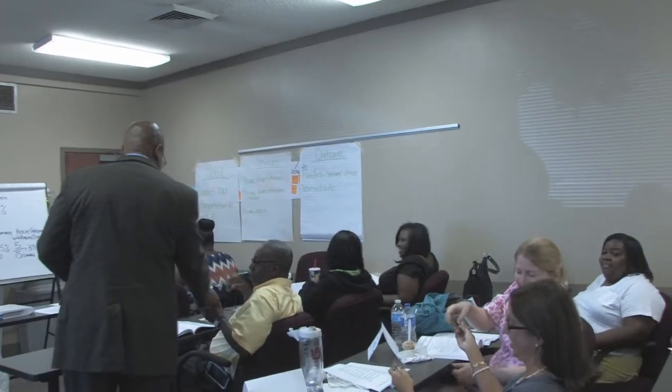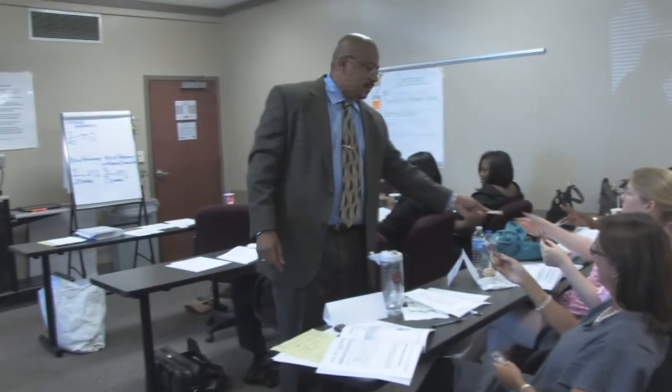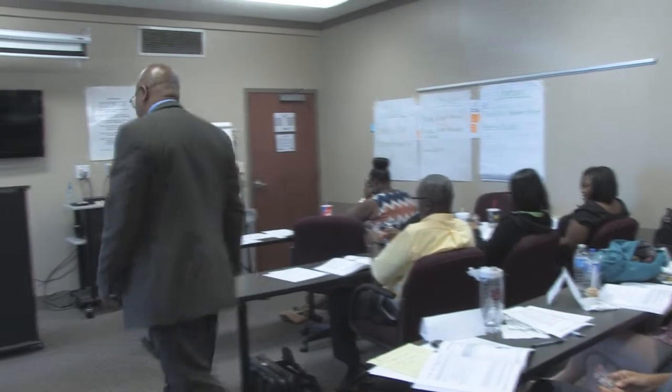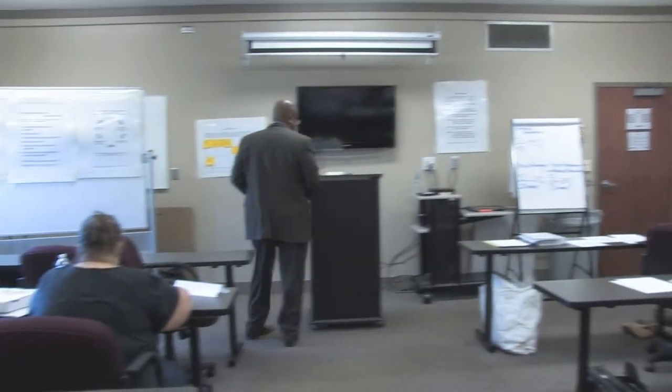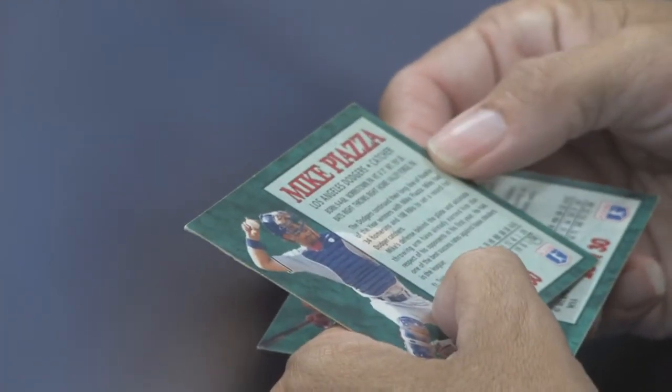Go look at the bottom of the card, and look at the batting averages. They should be at the bottom. Everybody found the number? All right.